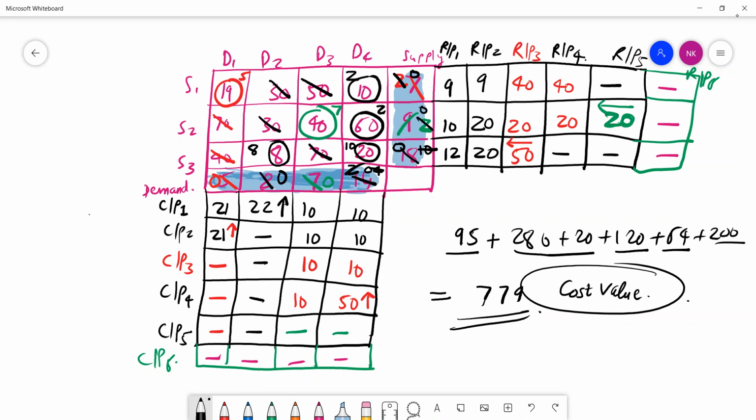Now, anybody having any doubt in this particular type of question, Vogel's approximation method? Anybody having any doubt? I want a response from everybody. Don't just sit idle.